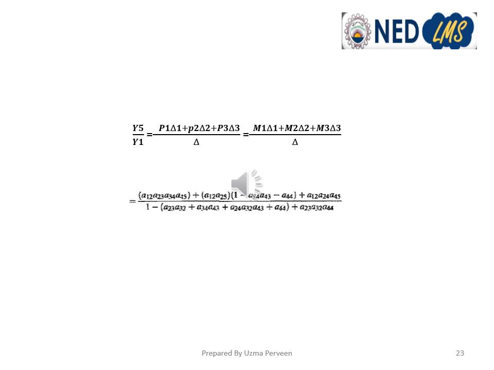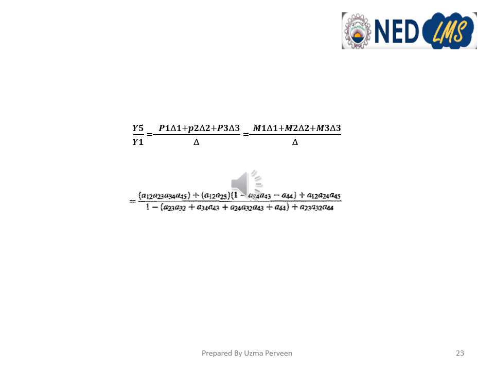So this is the required answer or the solution of this Y5 upon Y1. So we have applied Mason's rule here. We have seen the steps in detail. First we have to count the number of forward paths, then we have to set the formula according to the number of forward paths. Here we have 3 forward paths, so P1 del 1 plus P2 del 2 plus P3 del 3 upon del.